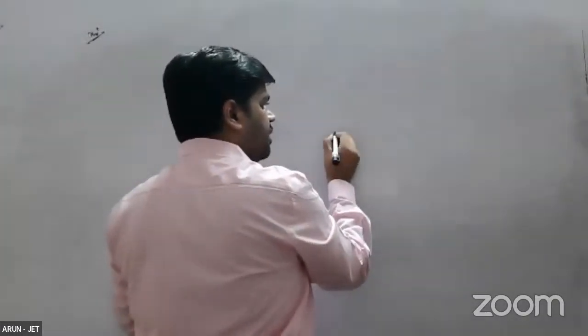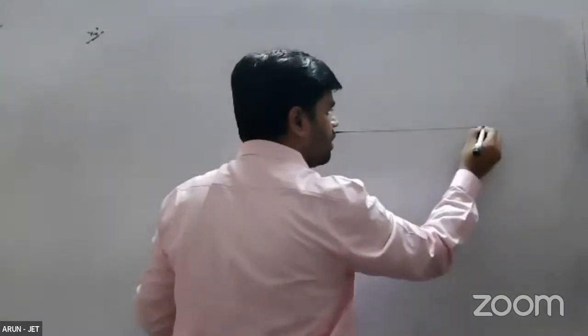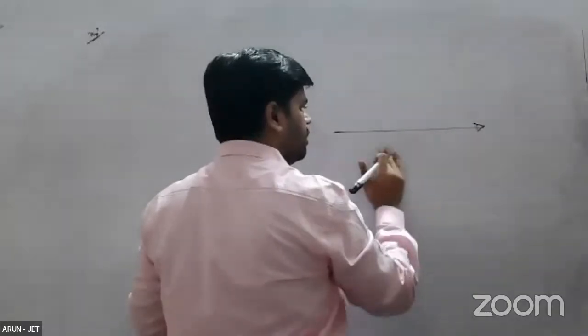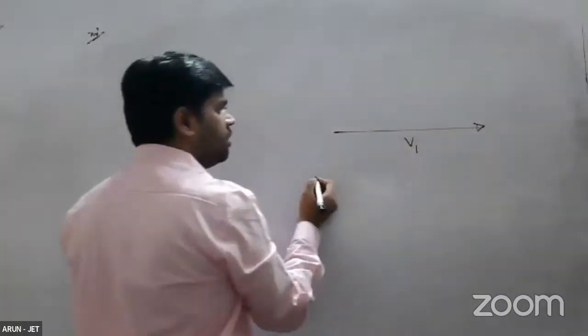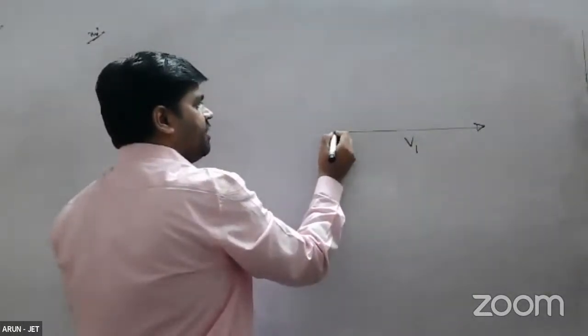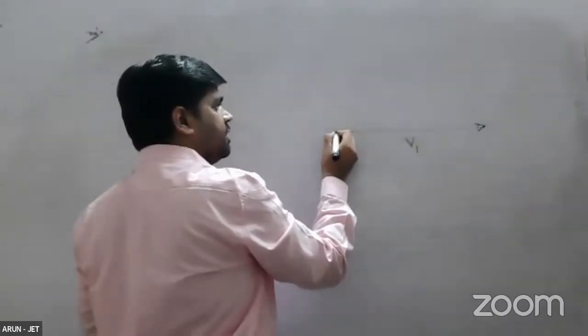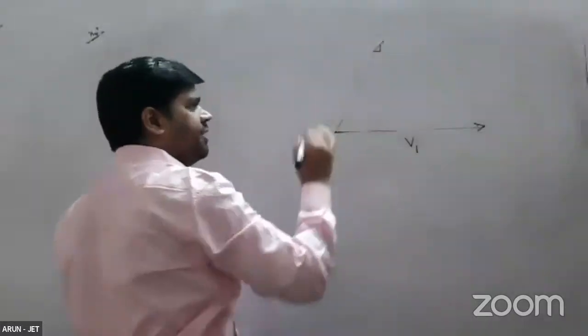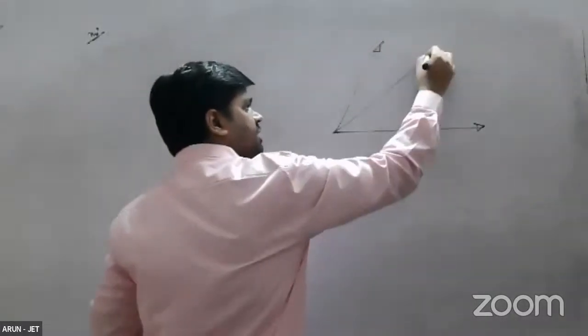Now look at this question. I've got vector V1. Another vector, if it is like this, let's say somewhere here, the resultant will be like this, somewhere here.